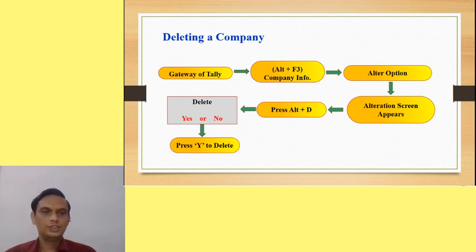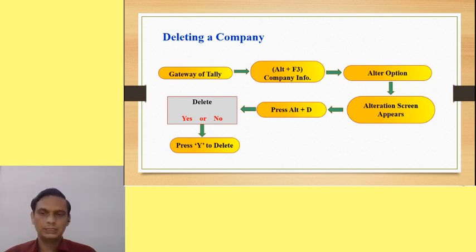After the alteration screen appears, press the Alt plus D shortcut key. When we press that, a message will display asking for delete yes or no confirmation.